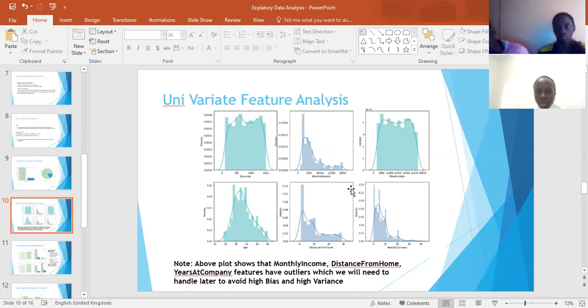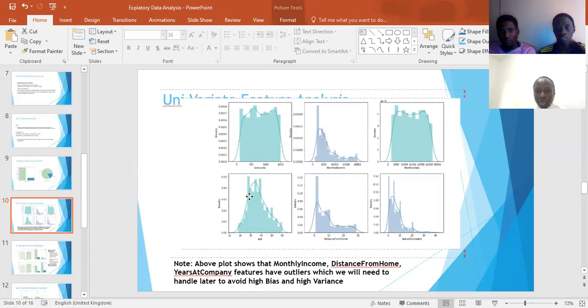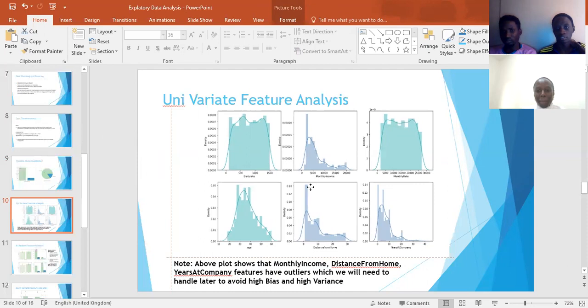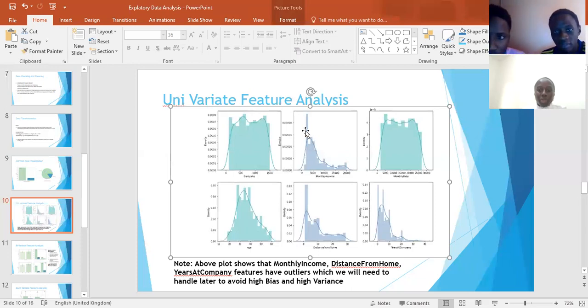Because if you look at our histograms here, you can see from the monthly income graph, these three graphs show outliers.